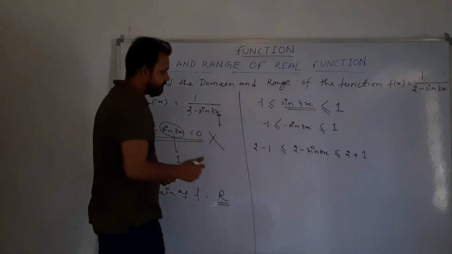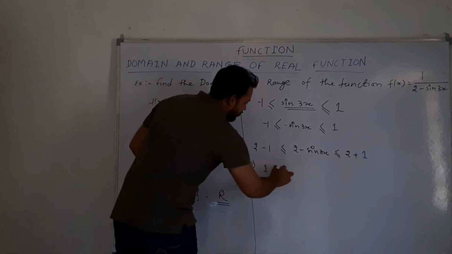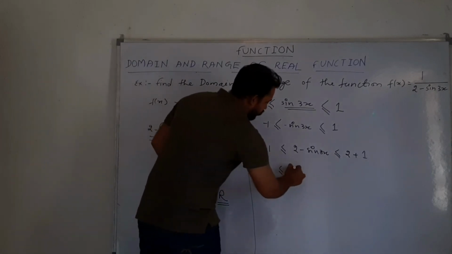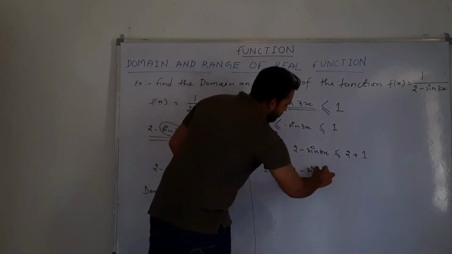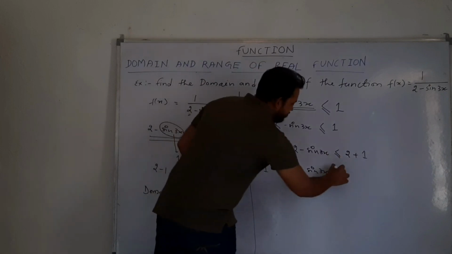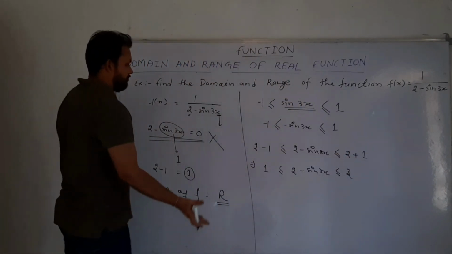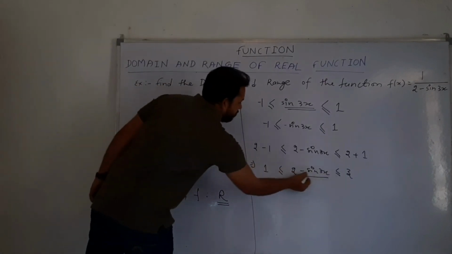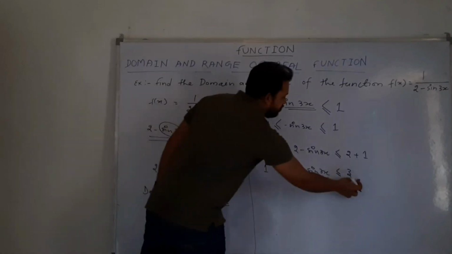So hence we will get here 2 minus 1, that is 1, is less than or equal to 2 minus sin 3x is less than or equal to 3. Hence we got this value. This value, what is present in the denominator, lies between 1 to 3.